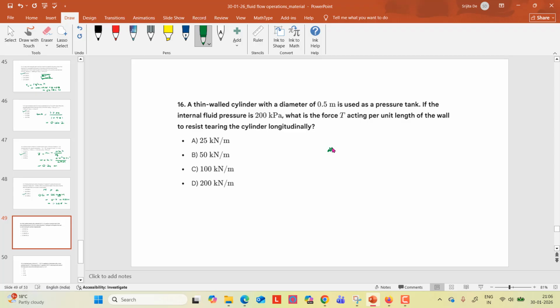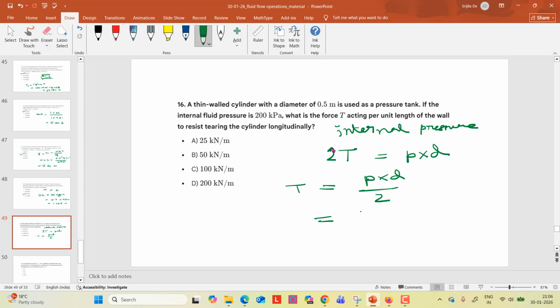It is balanced by internal pressure. 2T equals P into D, T equals P into D by 2. P is 200 kilopascal into D is 0.5 by 2. This is 50 kilonewton per meter.